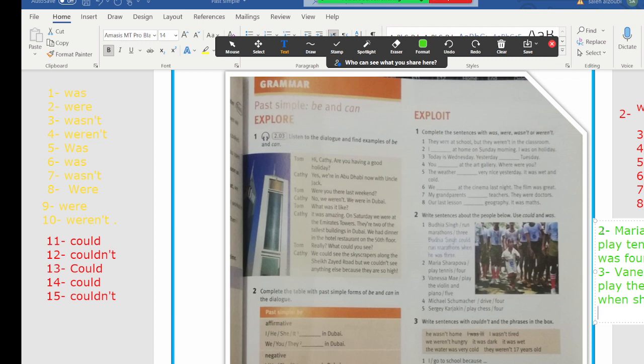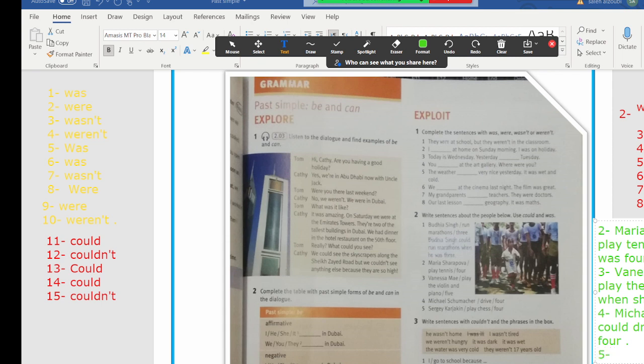Number 4. Michael Schumacher could drive when he was 4. The last one, number 5.